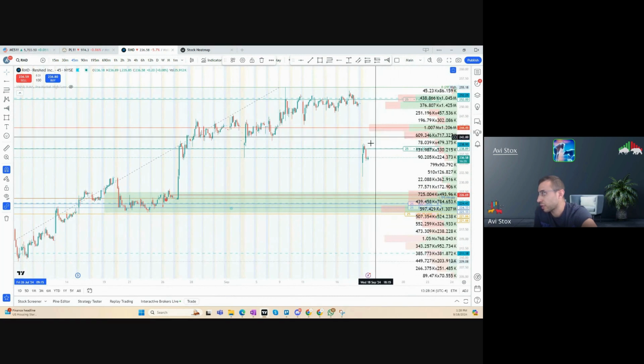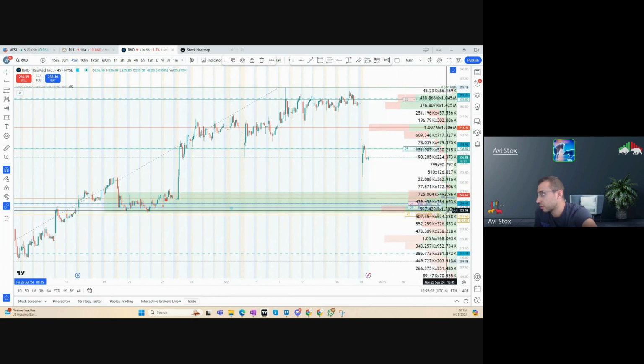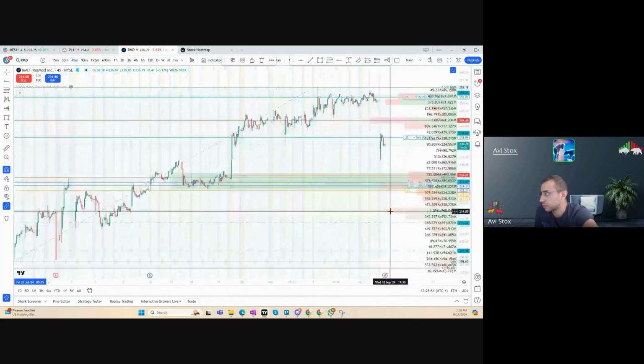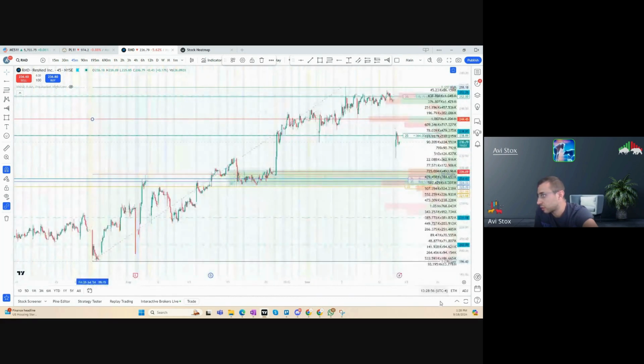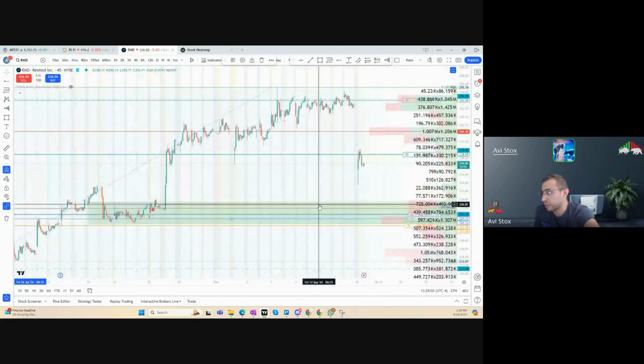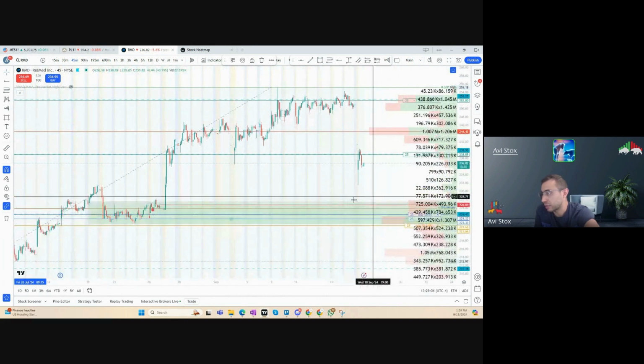Second is right here in this area, and it's a lot more buying pressure than selling, unless it's right here. Okay, so we have more buying pressure in this area and in general. We have the weekly demand, we have the key level.